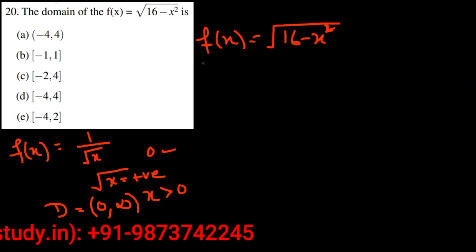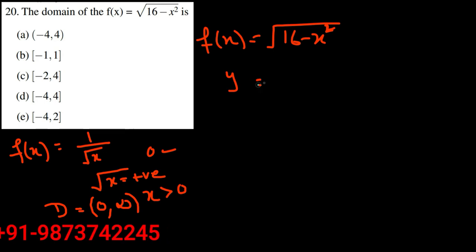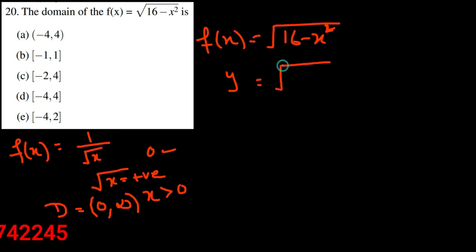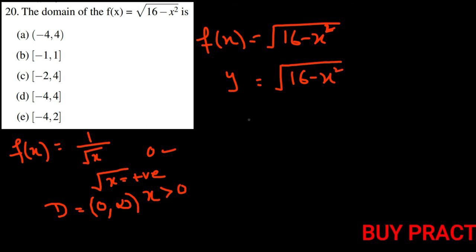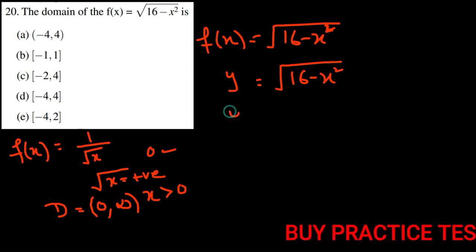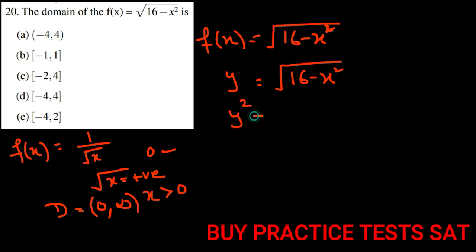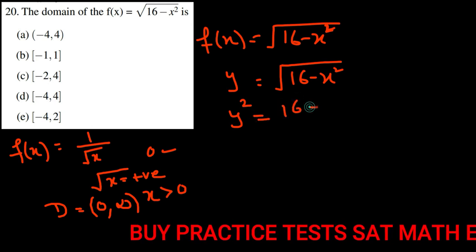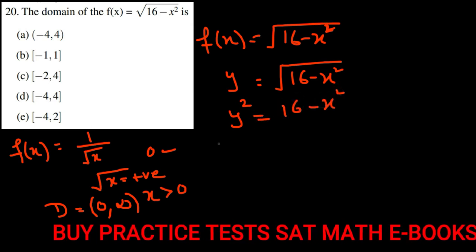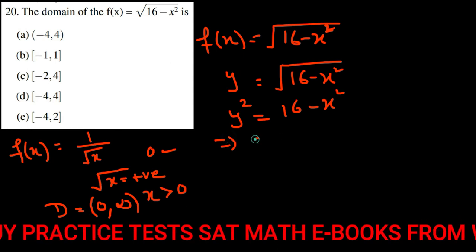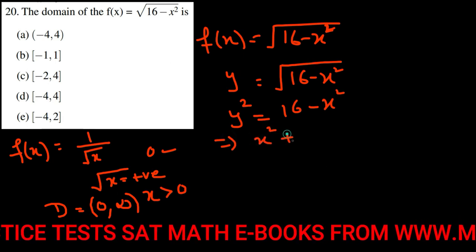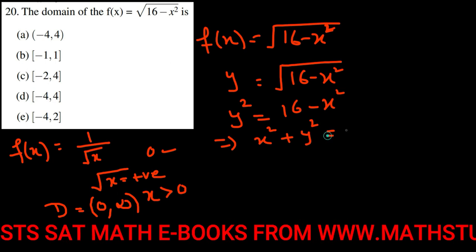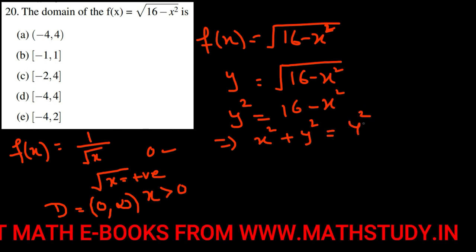So students, if we put y is equal to root over 16 minus x square, we have to find the domain here. Squaring both sides, we get y square is equal to 16 minus x square, so this implies x square plus y square is equal to 16, which can be written as 4 square.